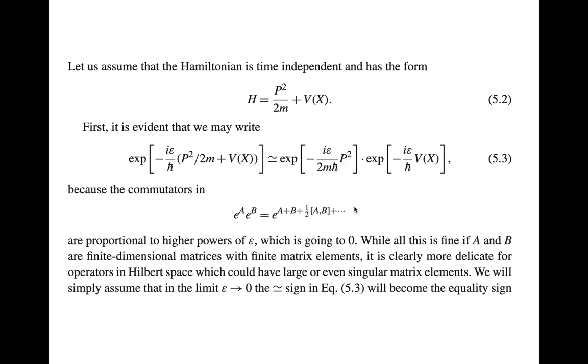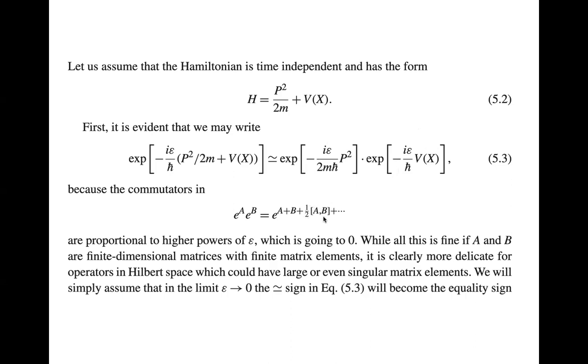But because this part is epsilon small and this part is also epsilon small, if I call this A and this B, each is of order epsilon, and the commutator is of order epsilon squared.